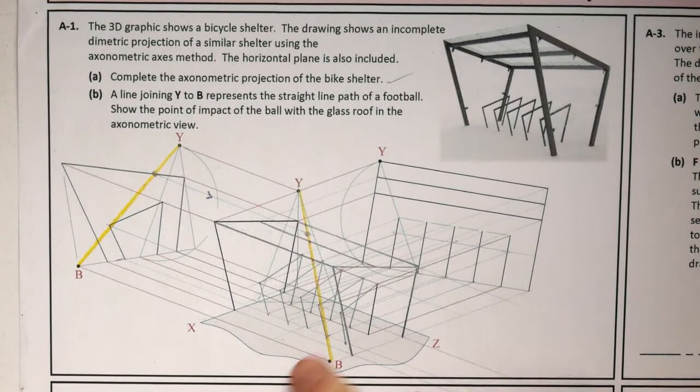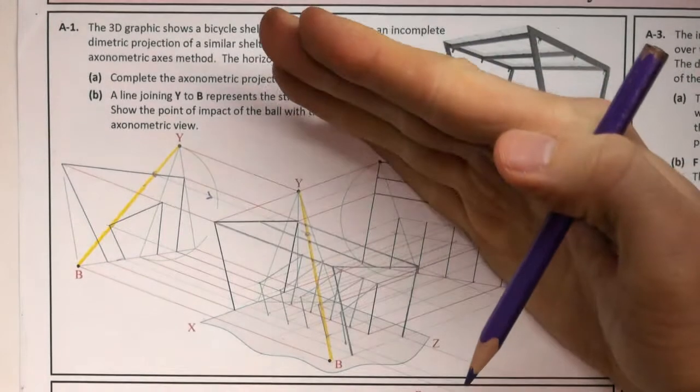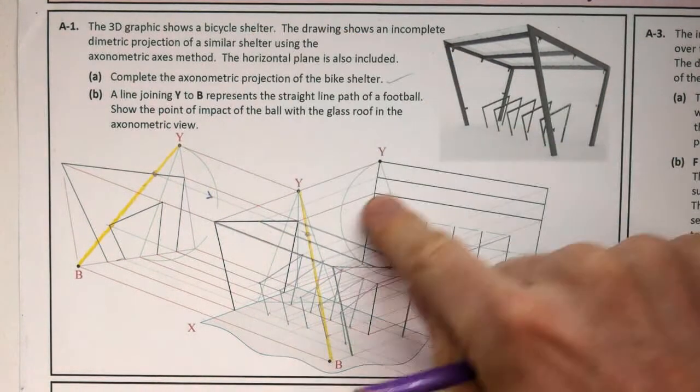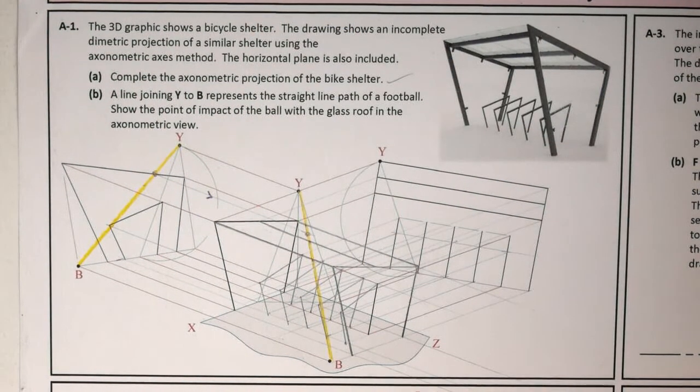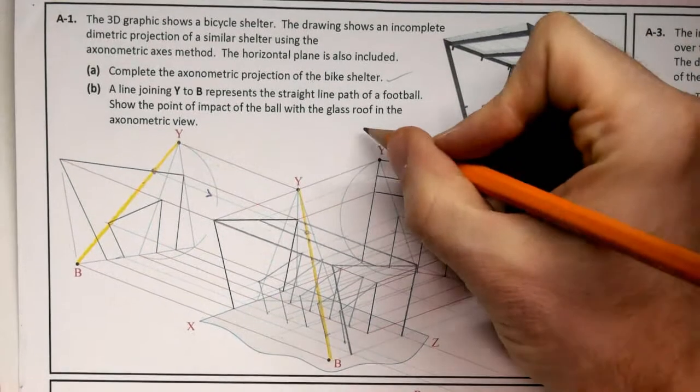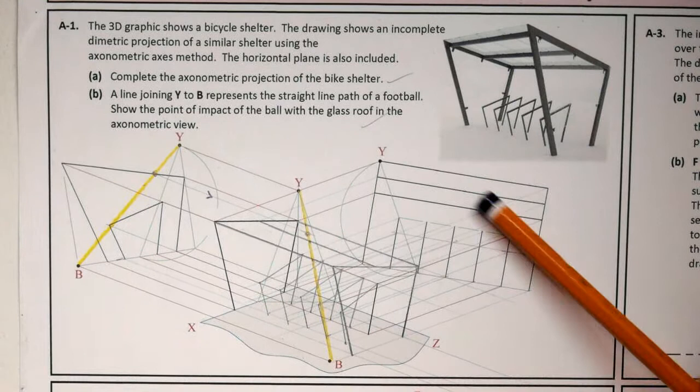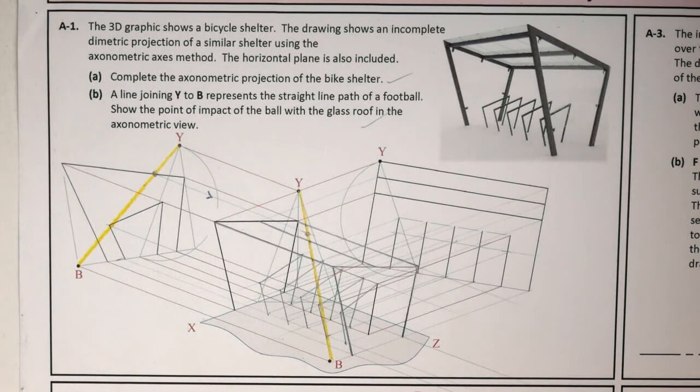And if you wanted to find it in the main view, you could project B onto that path, draw your line Y, and project onto line Y. Okay, so that is part B of that axonometric question. Nice little handy one to do, provided you did it quickly and were efficient with your time.